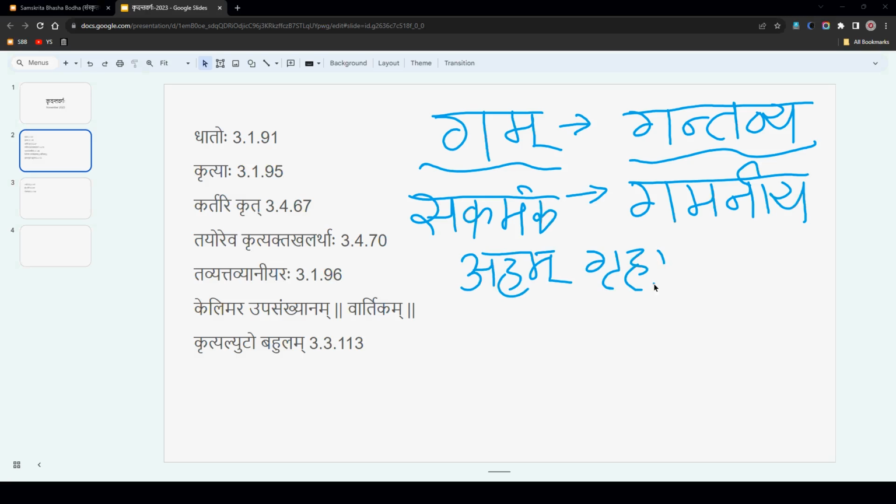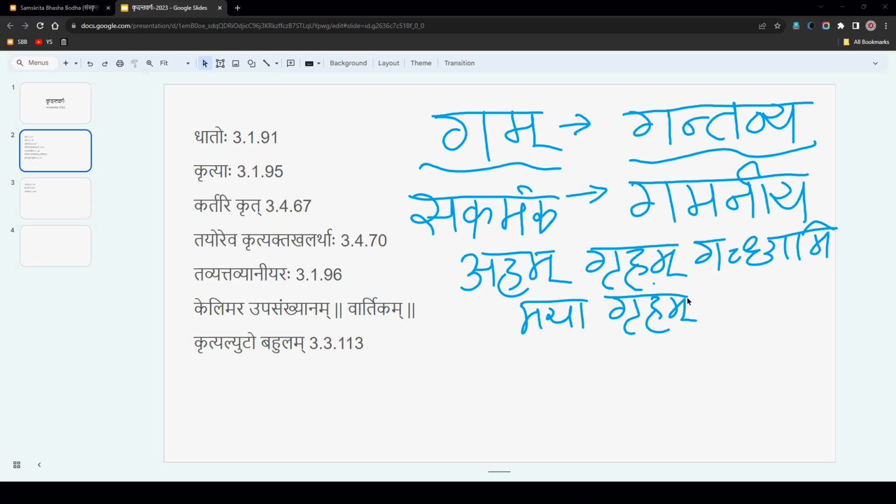In karmani we said maya graham gamyate. So here we want to use either gantavya or gamaniya. So this gamyate can be substituted by gantavya or gamaniya.